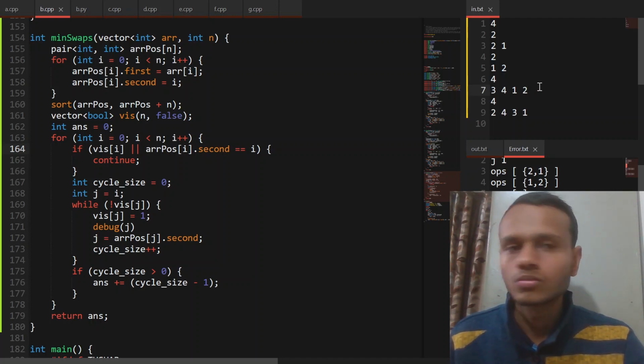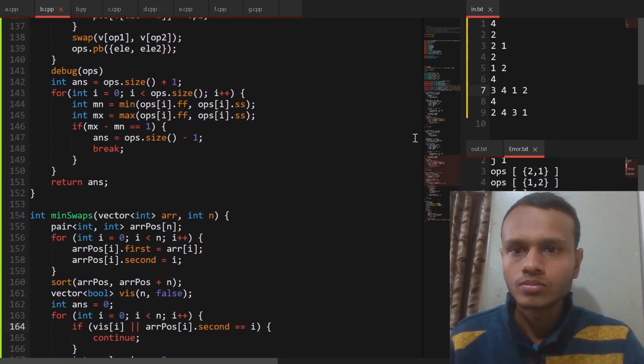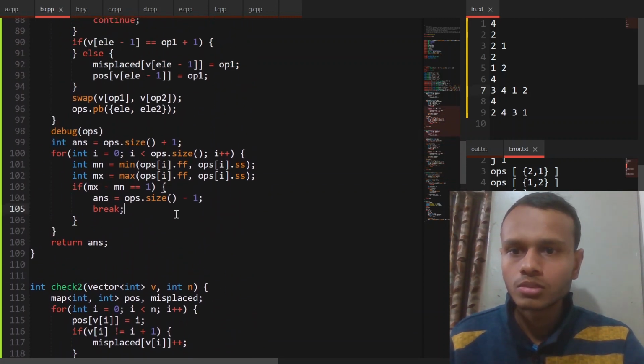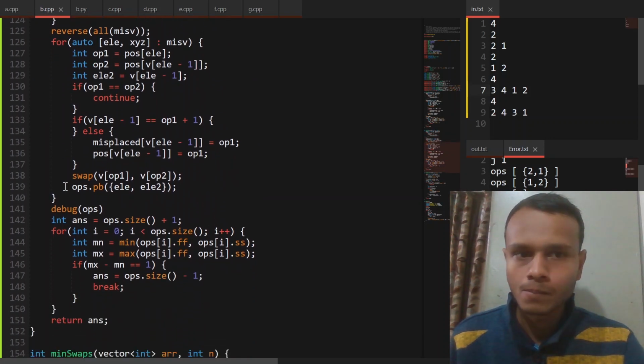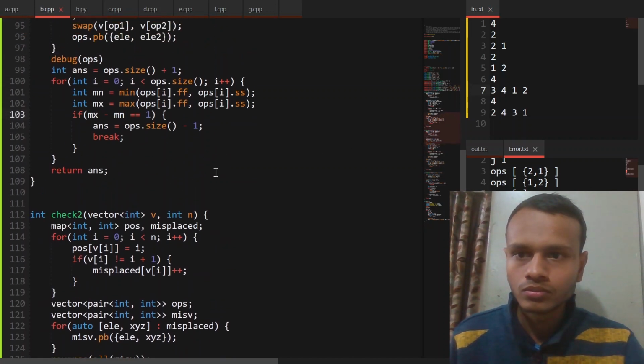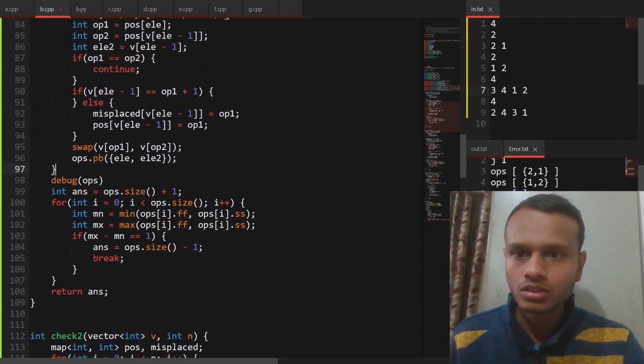Also, this logic is absolutely laughable because max minus min equals to 1 works only for 1 and 2, not for anything else. Yeah, I don't need these operations anymore.